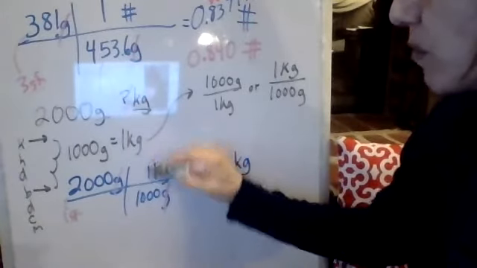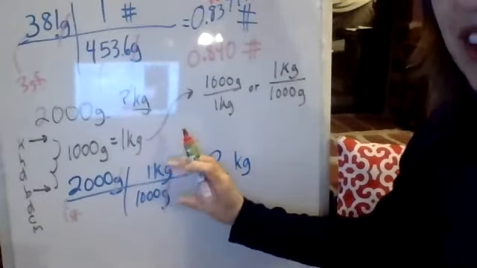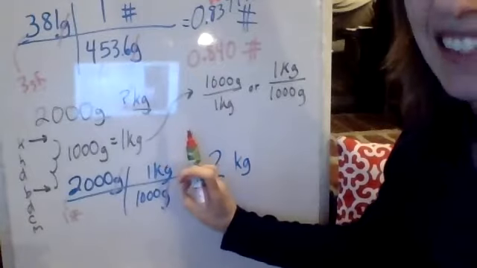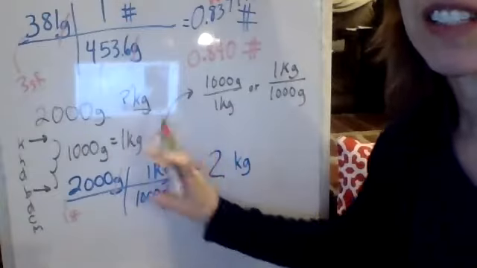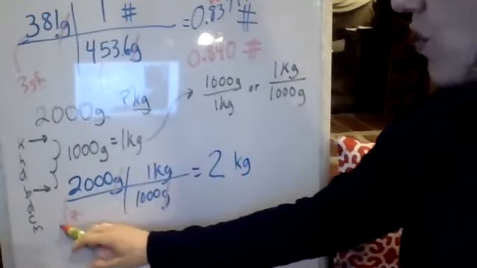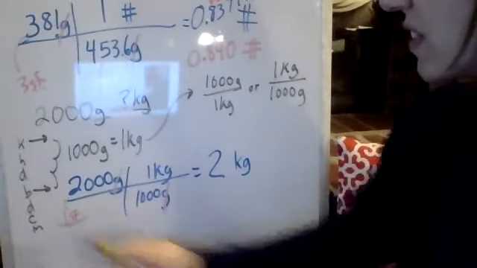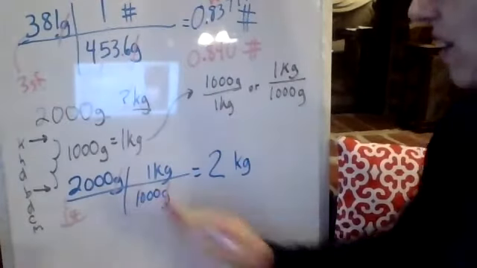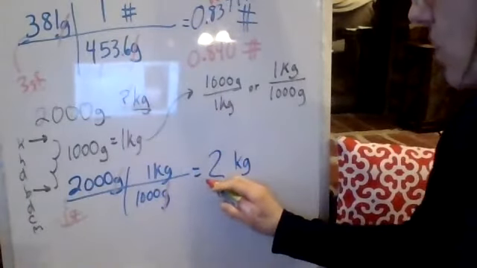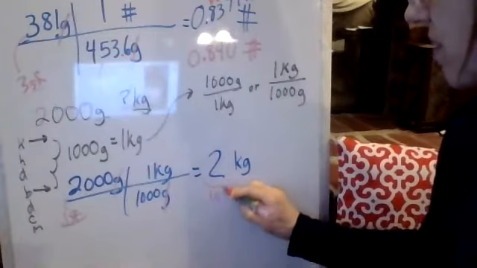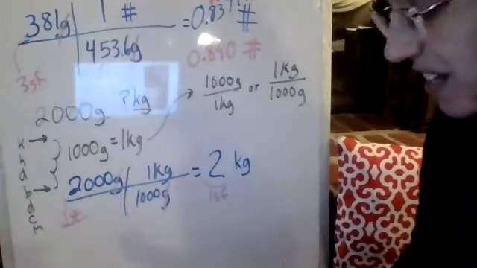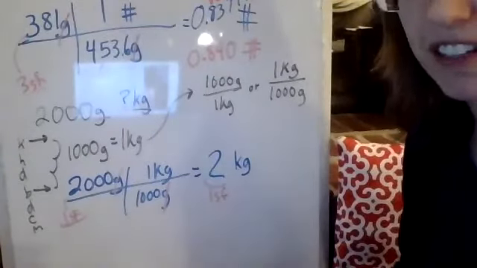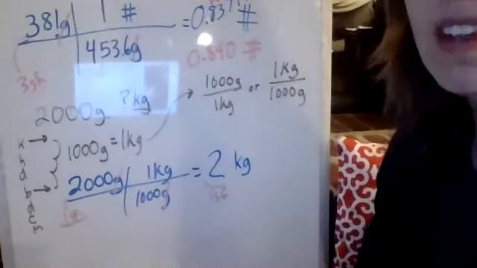The numbers in a metric conversion are exact numbers, which means that they don't influence our significant figures. So we've got one significant figure in the numbers we're multiplying, and so our answer needs one significant figure, and in fact 2 kilograms has one significant figure in it.